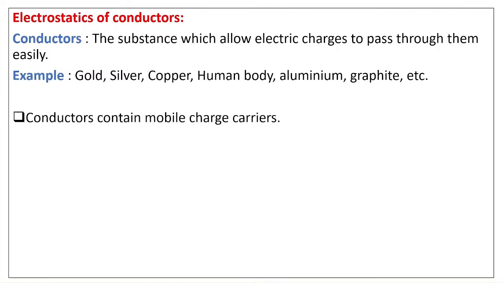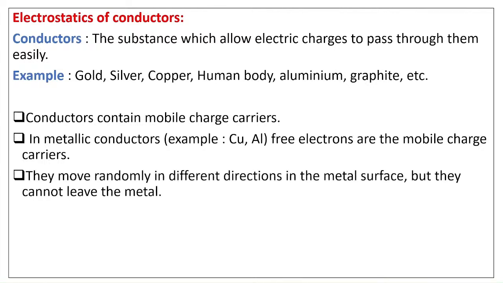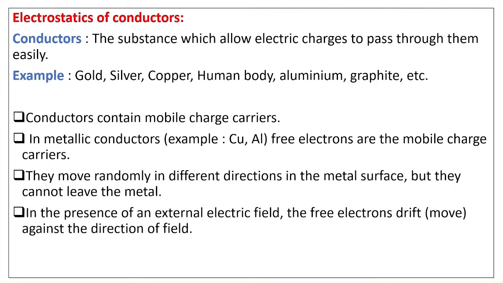Conductors contain mobile charge carriers. In metallic conductors, example copper, aluminium, free electrons are the mobile charge carriers. In metal, the valence electrons are the free electrons. They move randomly in different directions in the metal, but they cannot leave the metal.